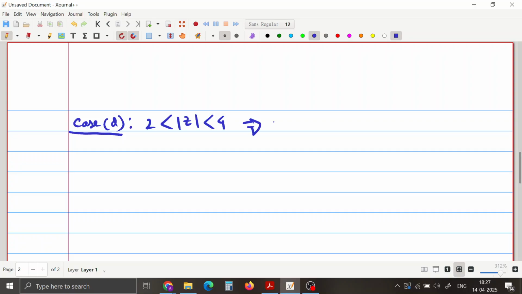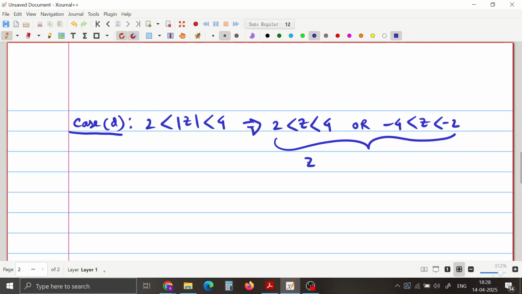So we have either Z lying from 2 to 4 or between -4 to -2, and alternately you can also denote this as this union of two intervals. Correct.